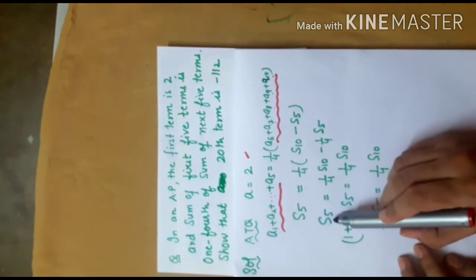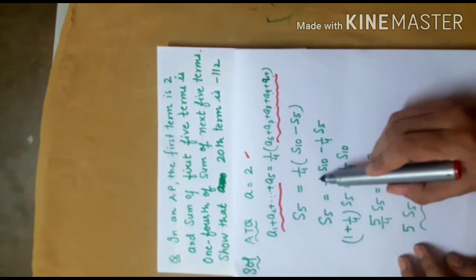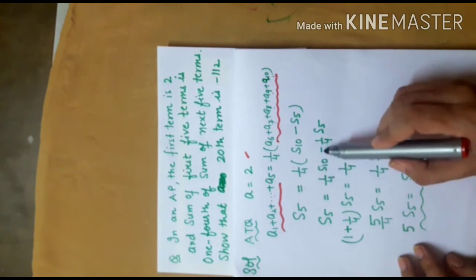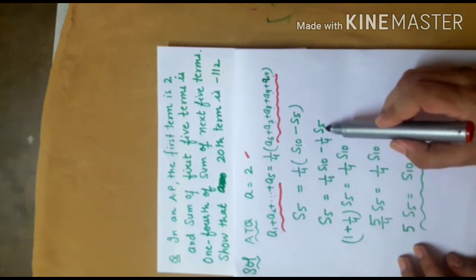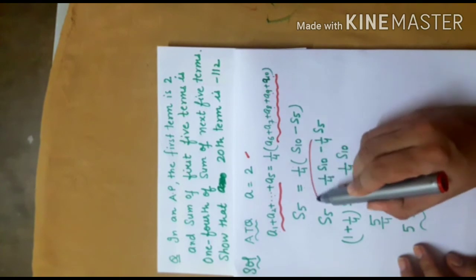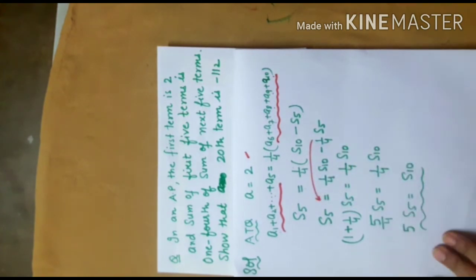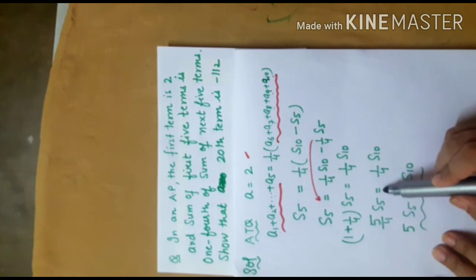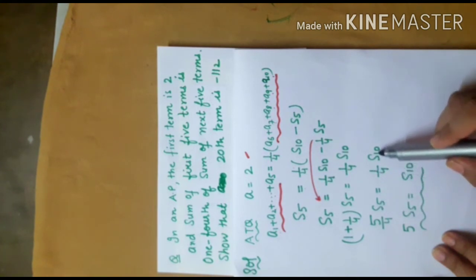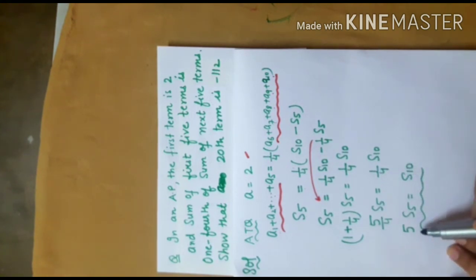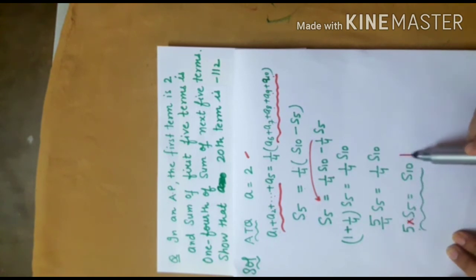Now open the brackets, I'll get S5 equals 1/4 times S10 minus 1/4 times S5. Shift this to this side. So here I'll get 5/4 into S5 is equal to 1/4 times S10. That is 5 into S5 is equal to S10.